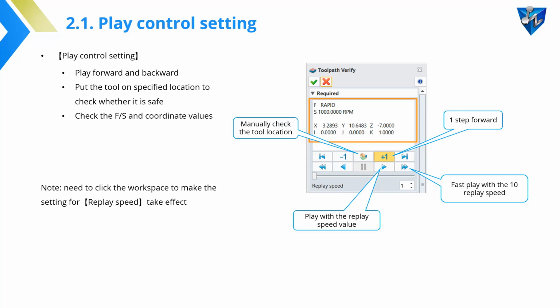Besides, we can also put the tool on the location we want to check manually, to see whether it is safe. In the data display area, we can check the feed speed values and coordinates according to the specified frame. Here is a note: when you adjust the replay speed, you need to click the workspace to make it take effect. Then you can click the play button to start it with this new speed.